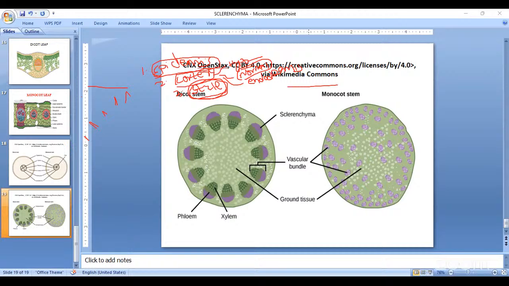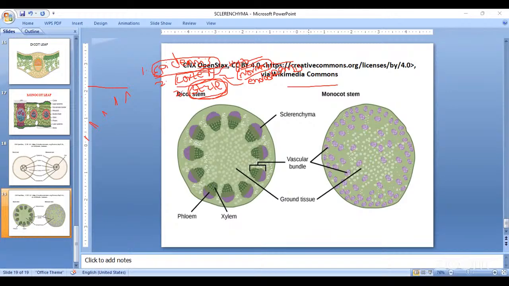The function is the same, mechanical strength. And next, there is no clear differentiation into normal cortex and endodermis in monocot stem. They are together. In place of normal cortex, that is called ground tissue. No endodermis is found in monocot stem.